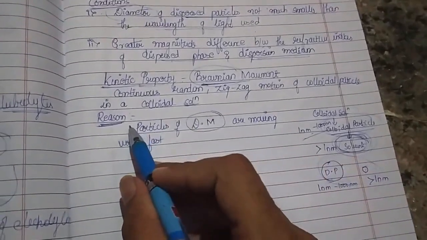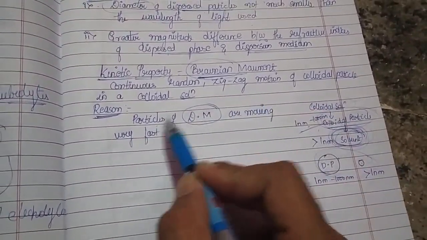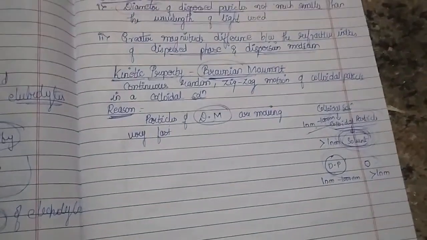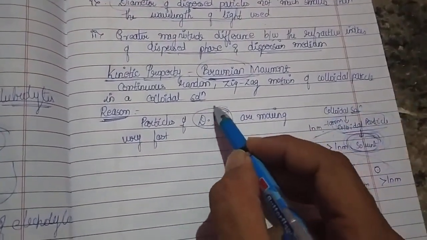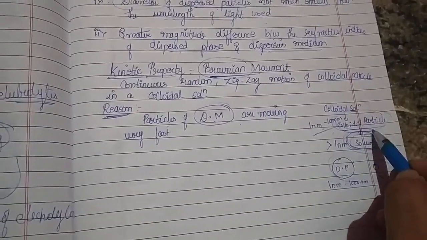So what it says is, whenever we are considering a colloidal solution, do remember particles of the dispersed medium are moving very fast. But what happens, of course, this dispersion medium also contains your colloidal particles, alva.